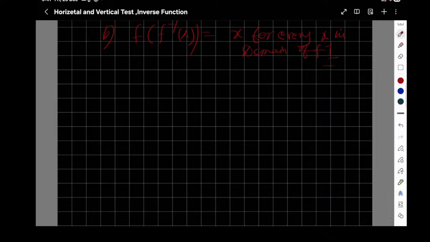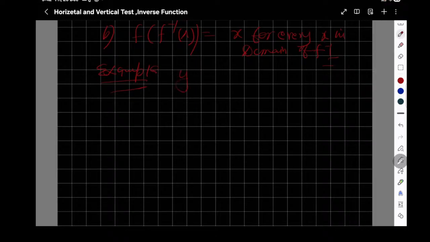Now we discuss some examples of how to find the inverse.